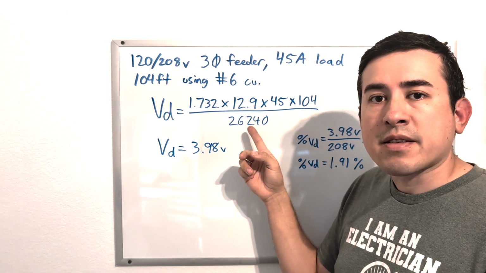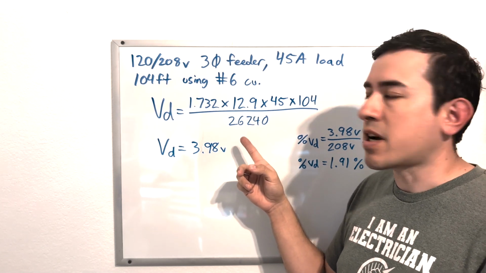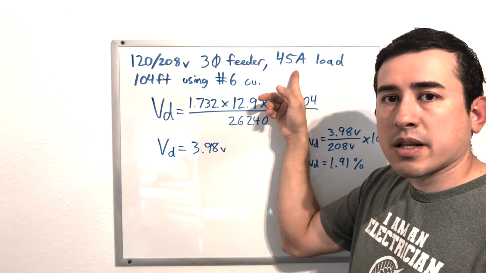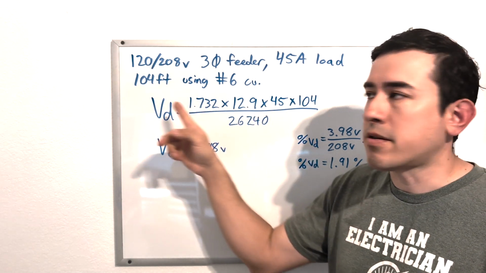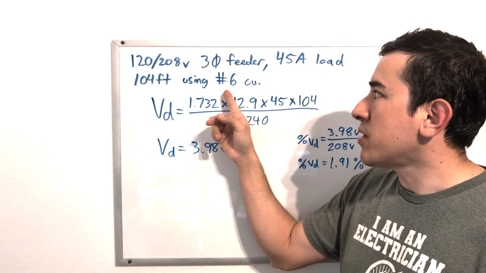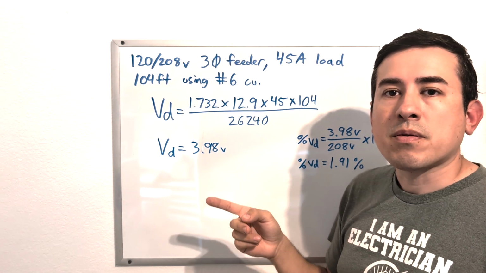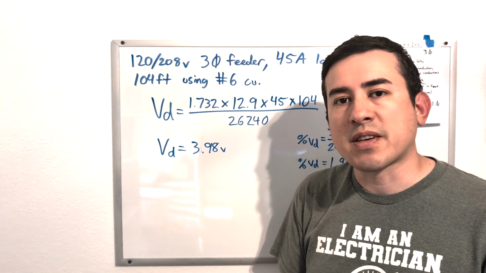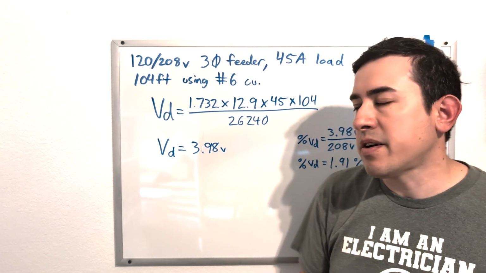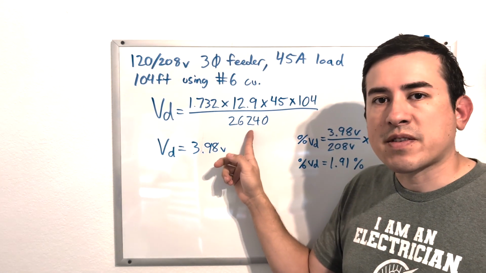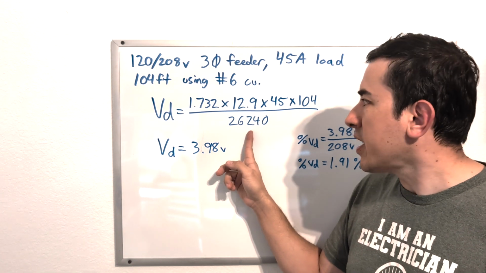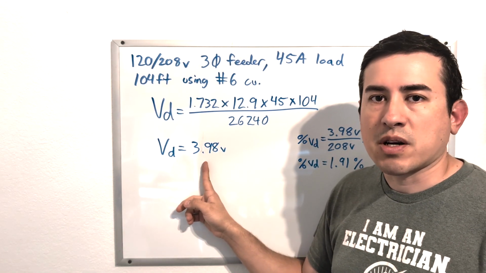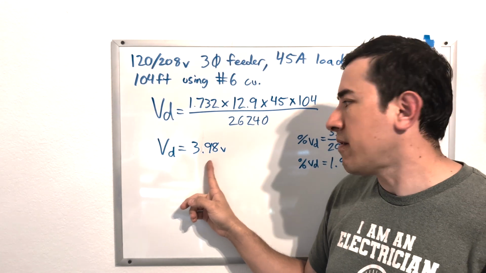Our K factor is 12.9 for copper. We have a 45 amp load at 104 feet, and we're using number 6. So if we go to chapter 9, table 8, we look at number 6 and we find the circular mil area. It's going to give us 26,240. Doing the math out, we get a voltage drop of 3.98 volts.